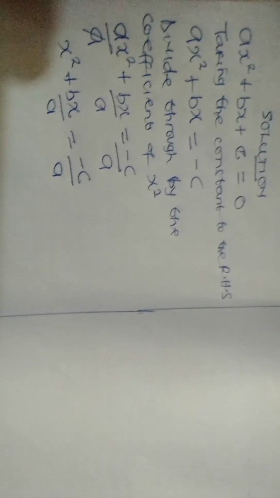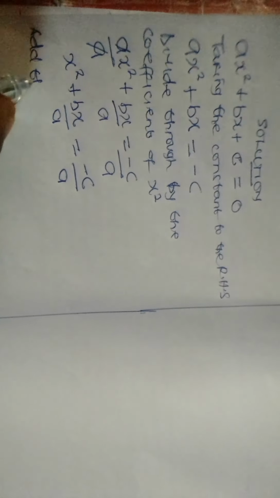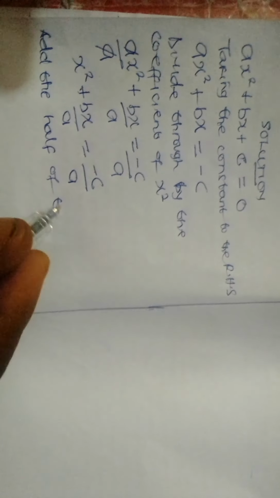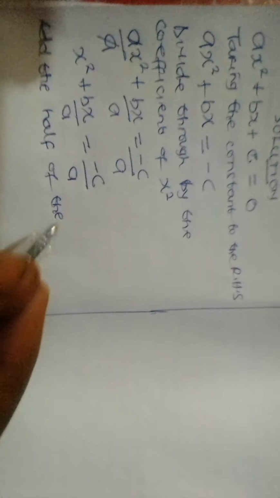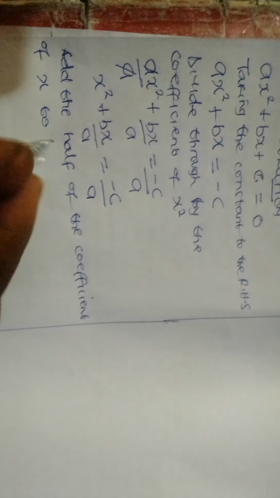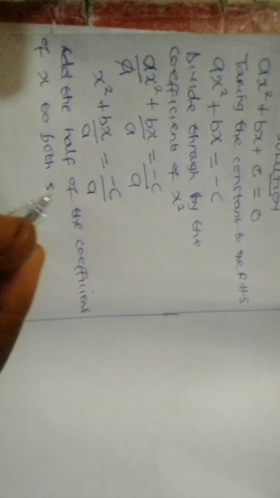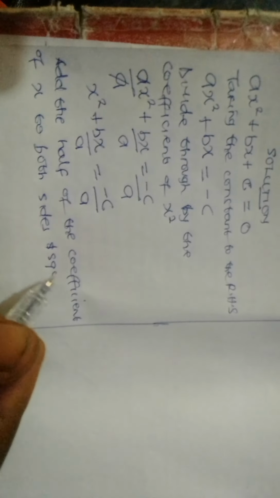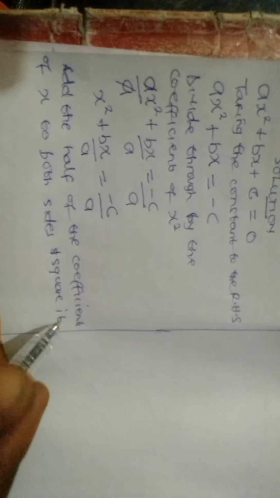Okay, now we're advancing. So what do we do from this point? Now the next step is, we said add the half of the coefficient of x to both sides and square it.